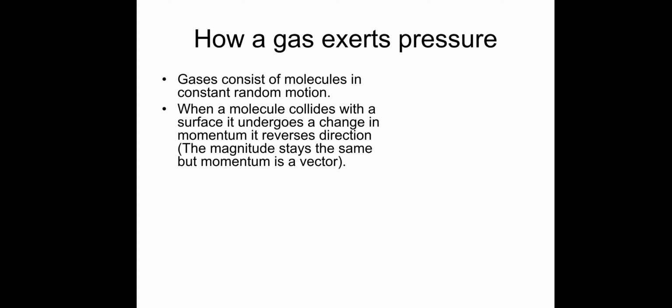Remember, normally these collisions are classed as elastic collisions, so they don't lose kinetic energy. So the magnitude of the momentum as it comes back would stay the same, but you've got to remember that momentum is a vector, so it'd be acting in the opposite direction, changing from positive to negative or negative to positive.